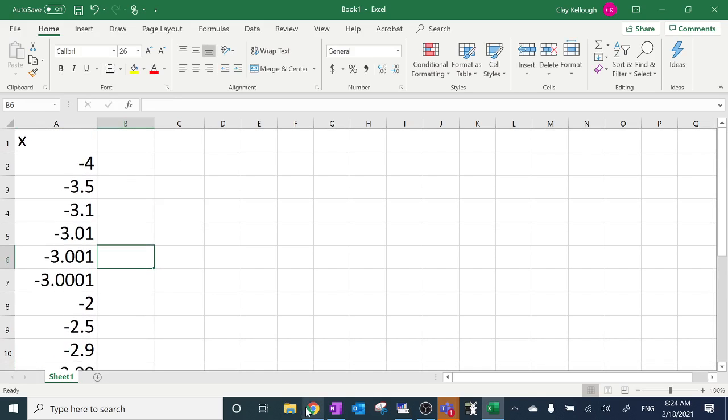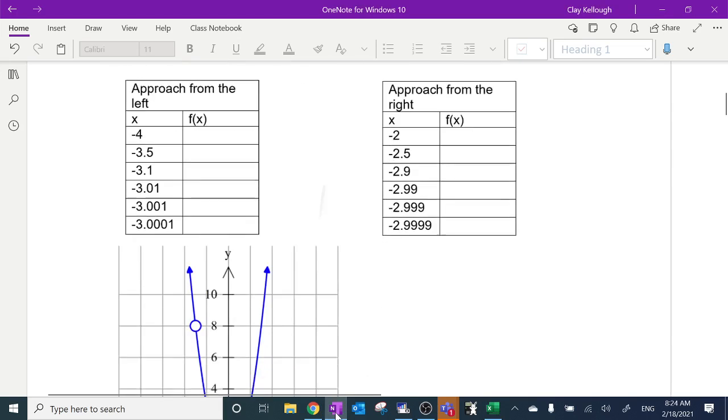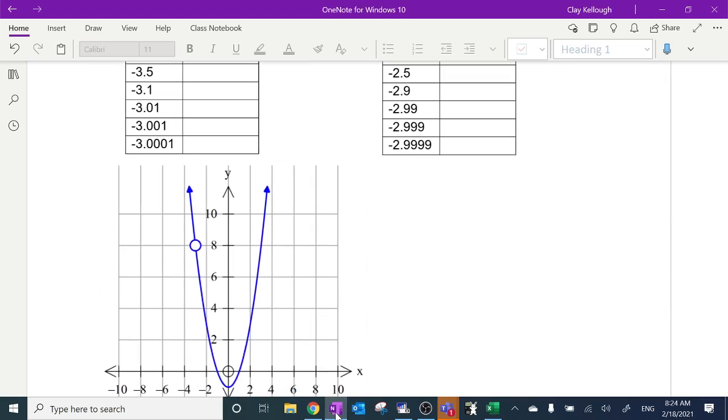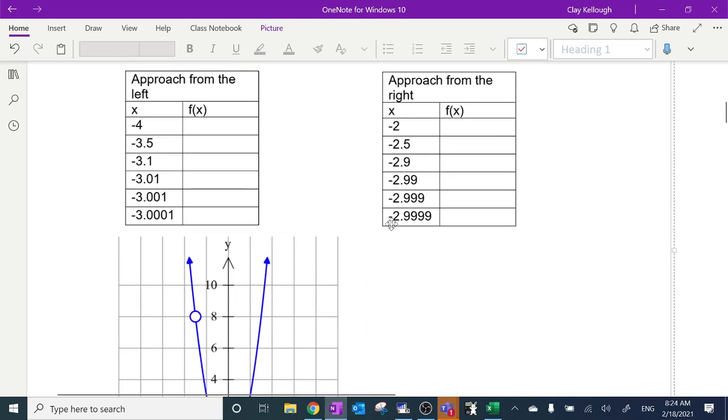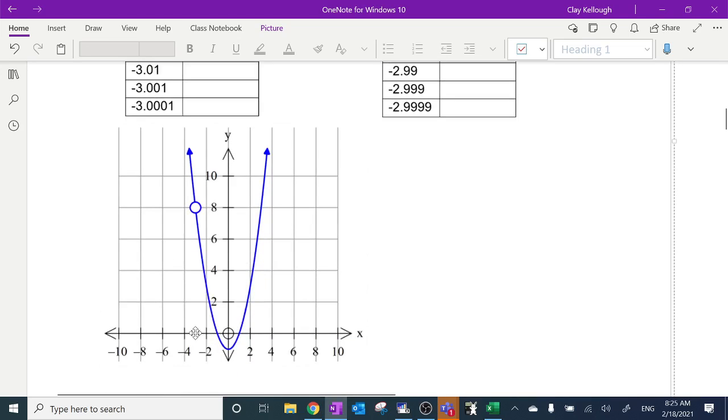And to go back to the picture for a sec, just to make sure you all understand what we're doing. We know that we have a hole in this graph because the function can't exist when x is negative 2. But I'd like to know what number I'd get to if I got infinitely close. I meant negative 3. Yeah, negative 3 right here.